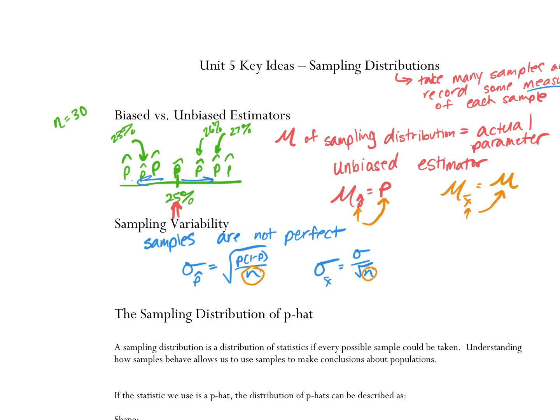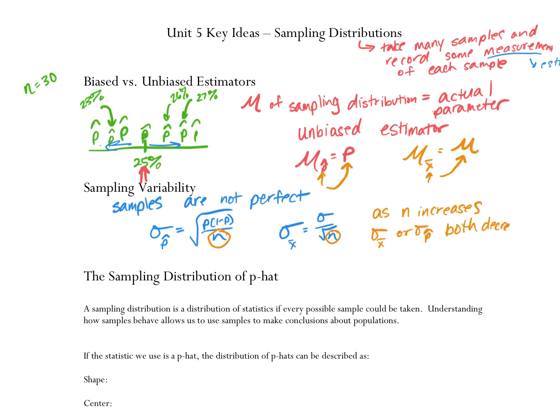And the reason that's important is if we think about that numerically, as n increases, sigma x bar or sigma p hat both decrease. And that's a big deal. Because, again, our goal, if we're trying to think about these p hats and these x bars as we're trying to estimate our population, okay?